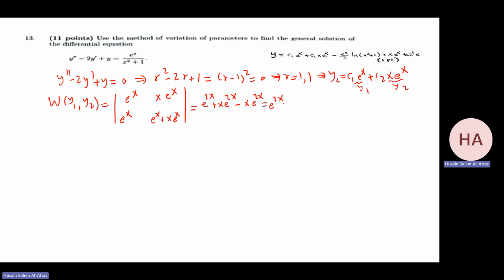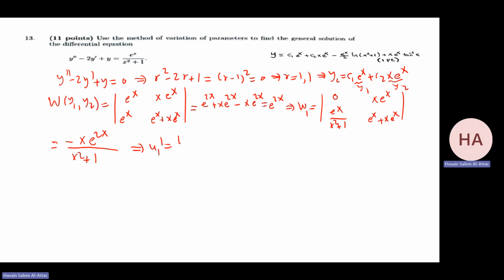Okay. W1 will be what? 0, then e to x over x squared plus 1. And the other one is x e to x, and here I have e to x plus x e to x. That will be minus x e to x over x squared plus 1. So u1 prime, which is w1 over w, I divide this by this. So e to the power x, e to the power 2x cancelled.